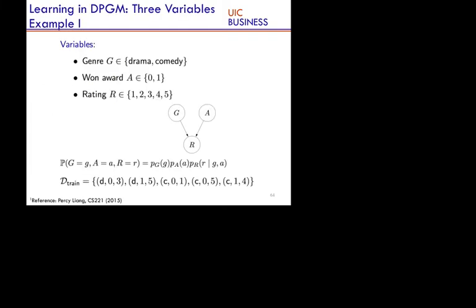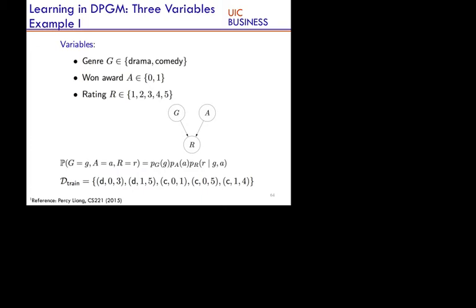Now let's look at a 3 variable example. Again G is genre and A is award. A is a binary random variable, 0 or 1, and then given the genre and the award, R is the rating. Given this graph, we have this factorization, and let's say we have this data.